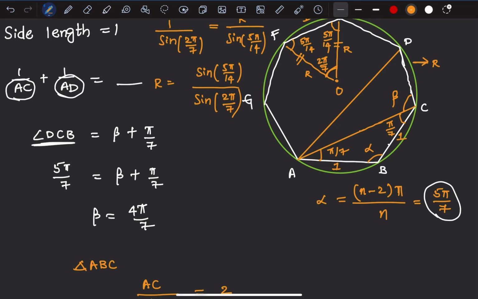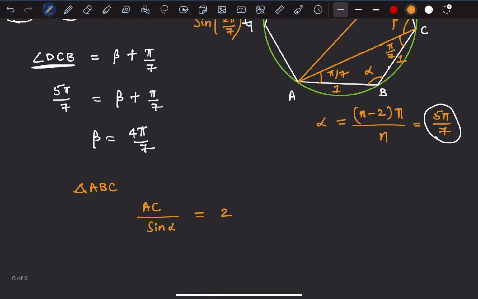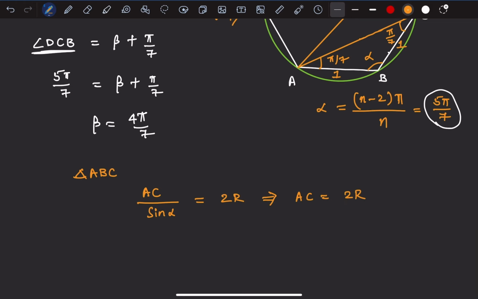The circumradius will be simply R, because this green circle passes through A, B and C. So it is simply 2R. This gives you AC is equal to 2R sine alpha. Alpha is 5 pi by 7, which we have already derived.